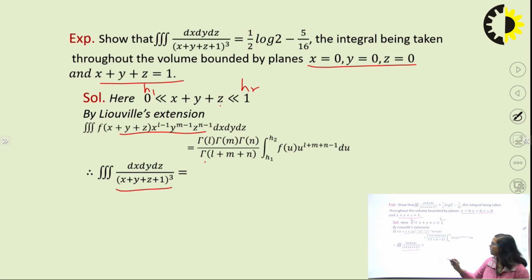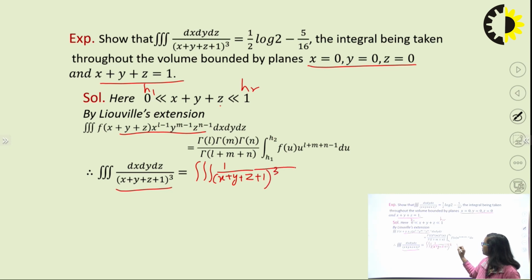So I write the triple integral of the function itself, 1 upon x plus y plus z plus 1 whole cube, into x to the power 0, y to the power 0, z to the power 0, dx, dy, dz. Writing these powers as L minus 1, M minus 1, N minus 1.